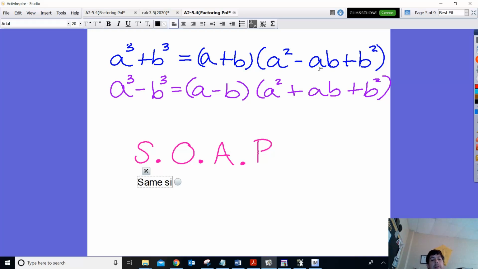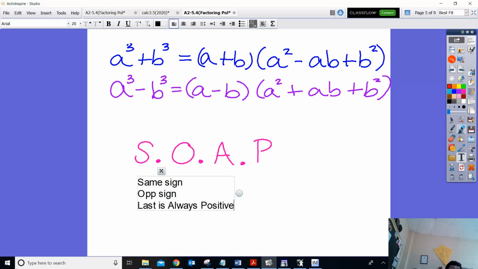O stands for opposite sign, because look at the second sign you see. Isn't it opposite of the initial sign? And the last one is always positive. We just put our emphasis on the A and the P there so we can spell SOAP.